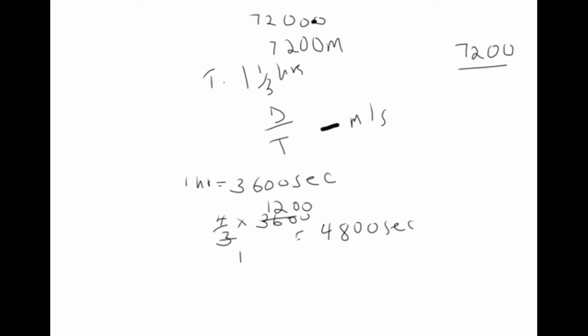divided by 4,800 seconds. These 2 zeros will cancel. Then we can simplify by 2, 36, by 2, 24. By 3, 12.